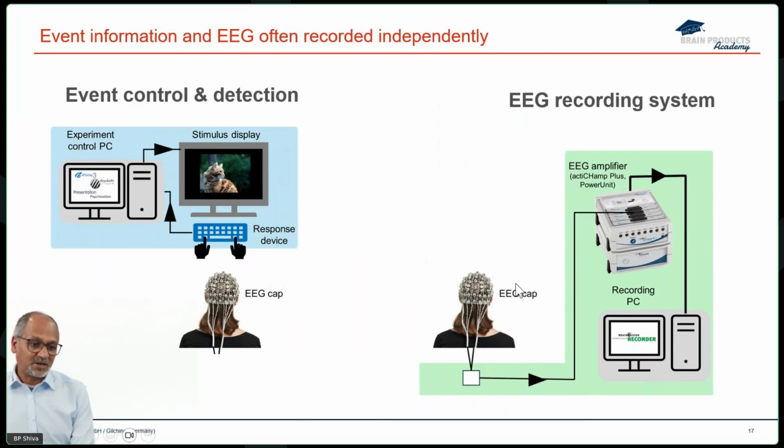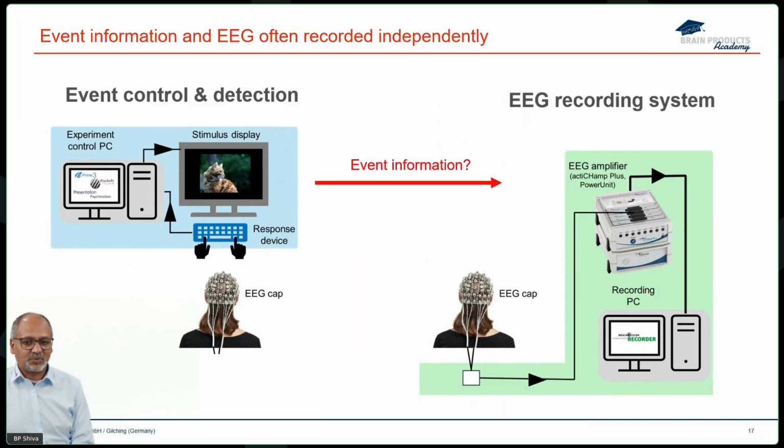And even though the participant is involved in the same, there's another cluster related to the acquisition of the EEG, involving the amplifier, for example, and the recording PC. And the key issue is how to get event information from this cluster of devices to the EEG data so that markers can be defined.